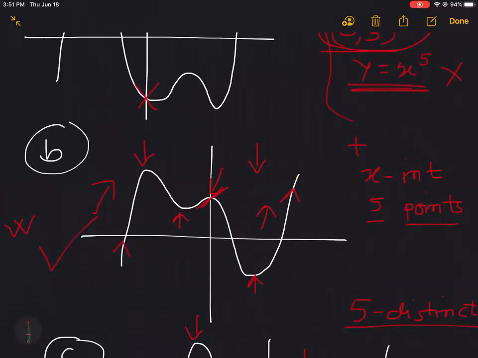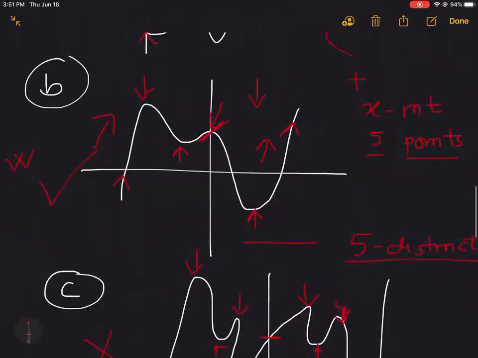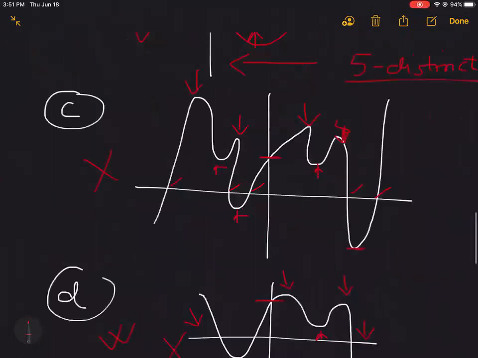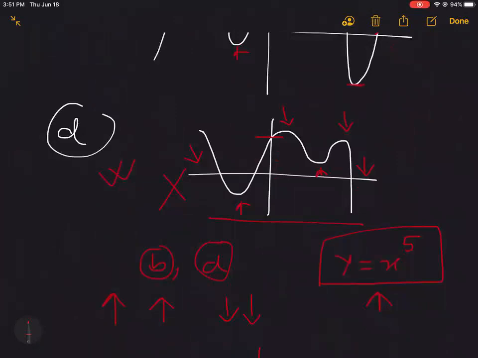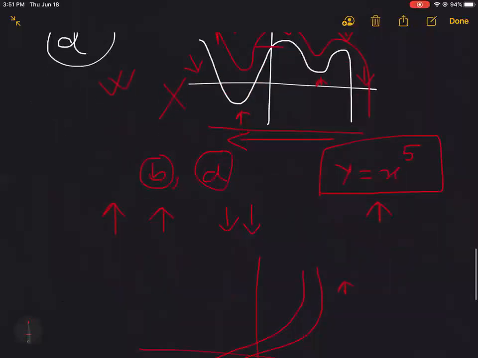That means if you go to your left, it will slowly and slowly be decreasing, like this. Whereas for D, as I go to my left, it's actually increasing, as you can see. So that's one way to identify how our graph looks.